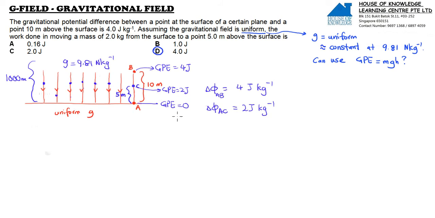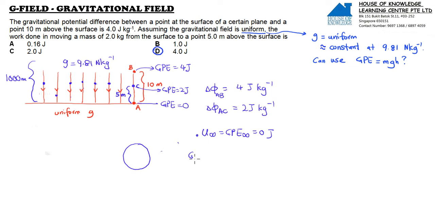Why can we just assume like that? I thought the GPE is 0 at infinity. Yes, it's true, but that one is only applicable for the non-uniform gravitational field. Remember the non-uniform gravitational field? We treat infinity as 0, the GPE at infinity equals 0, and the rest all vary with 1 over r.